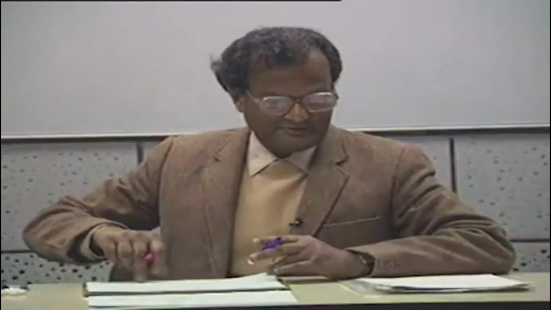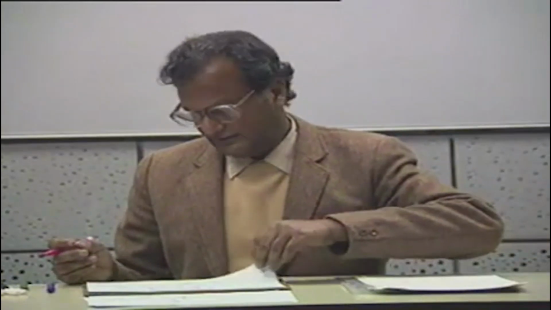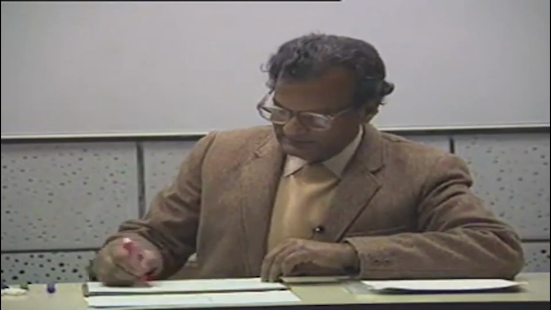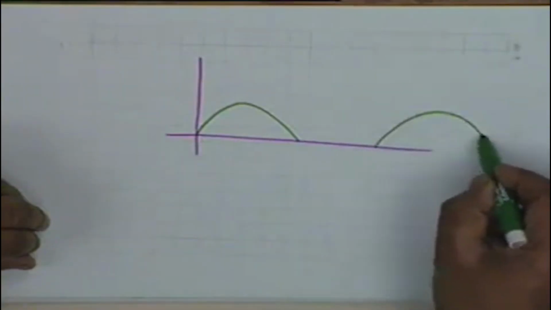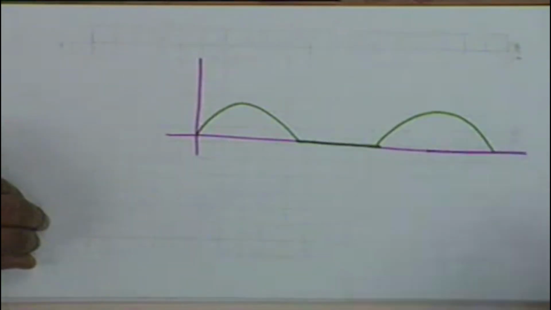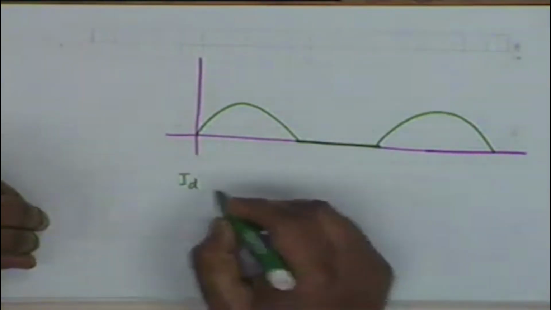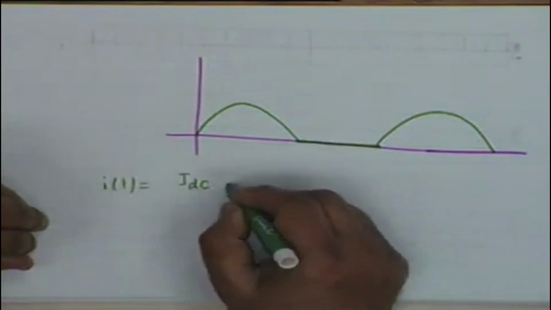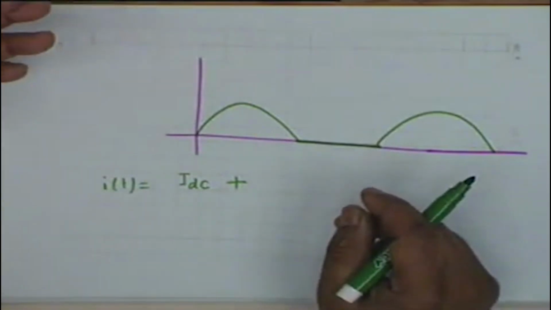Now we will see how to reduce the ripple later. My waveform of the current is like this, the green curve. This can be written as an average component IDC plus a component which can go positive as well as negative.